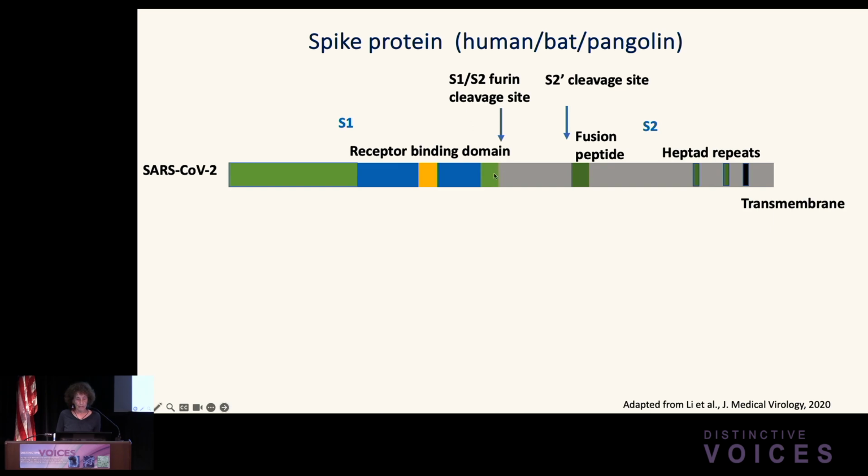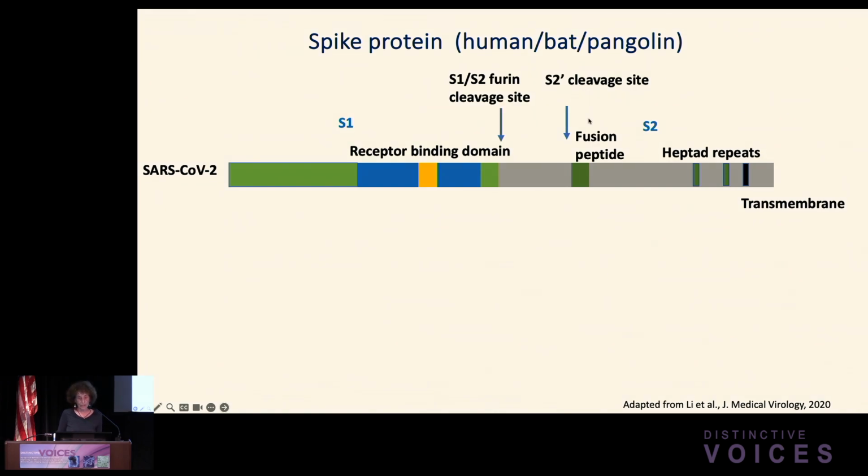Some coronaviruses have what's called an S1/S2 recognition site between the S1 and S2 subunits. In order for this protein to be functional, it has to be cut or cleaved at this S1/S2 boundary site, and at S2 prime, a second site.